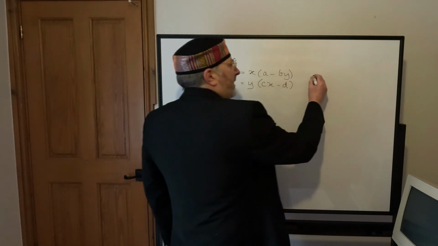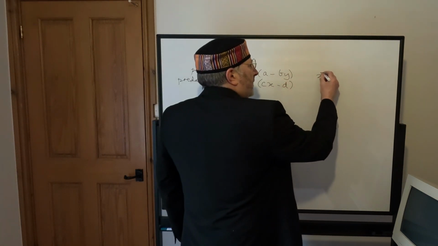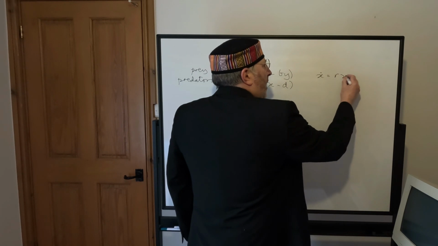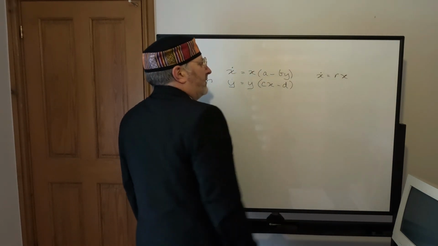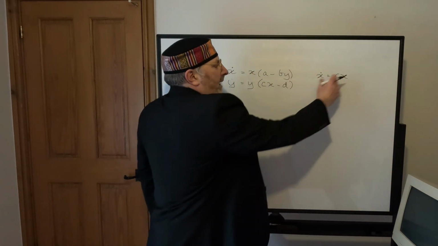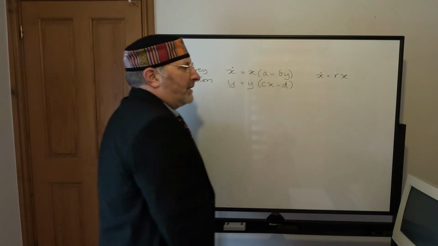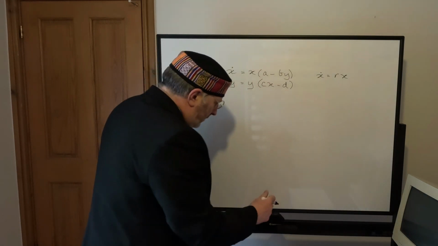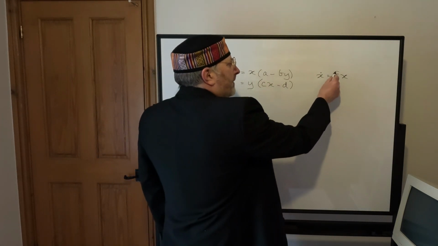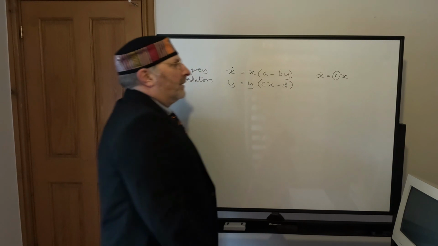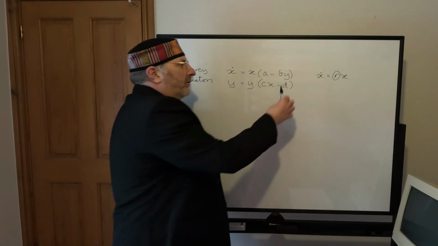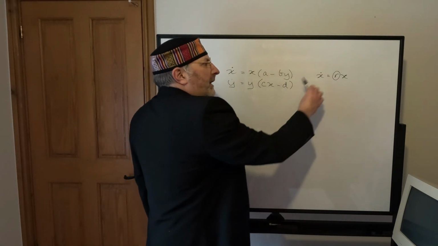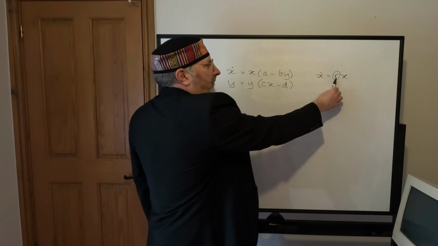So we're basically saying that X dot equals R times X, the rate of growth times X. So it would increase exponentially. That's a natural thing for populations to do. Except that this R depends on the population of foxes.